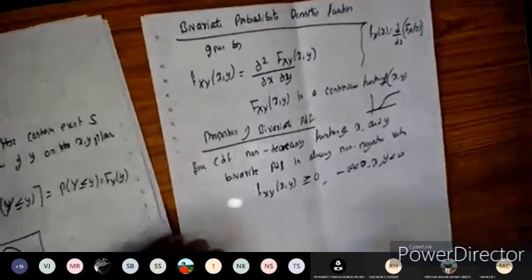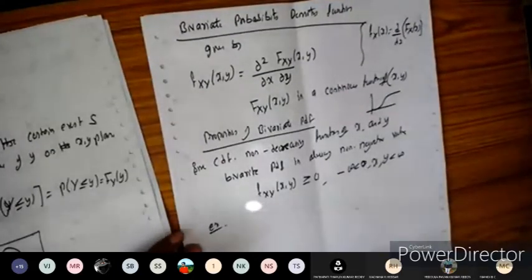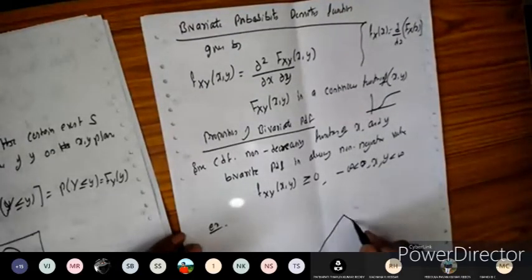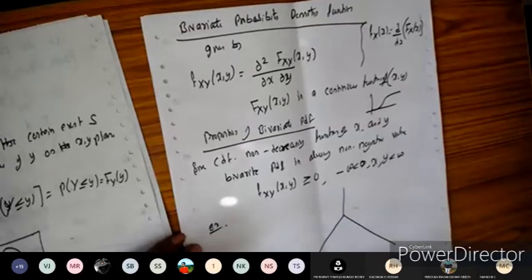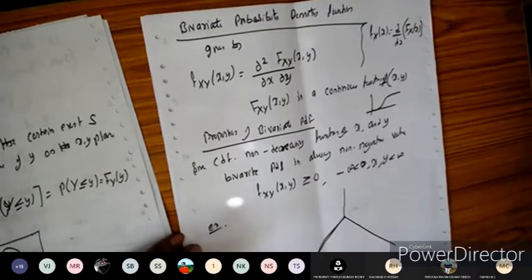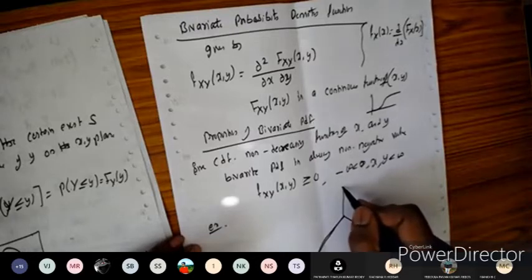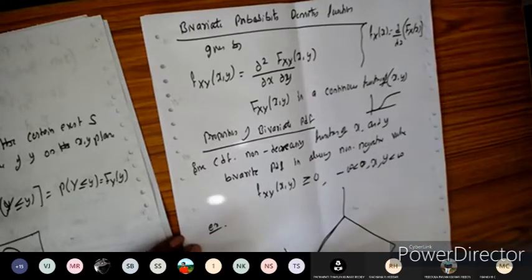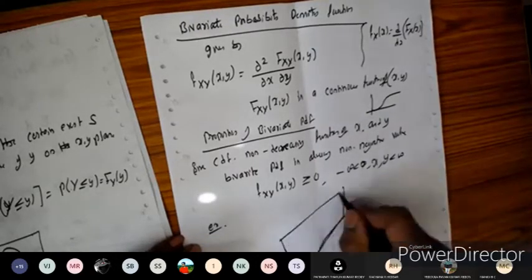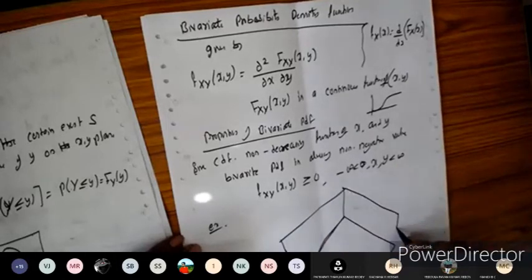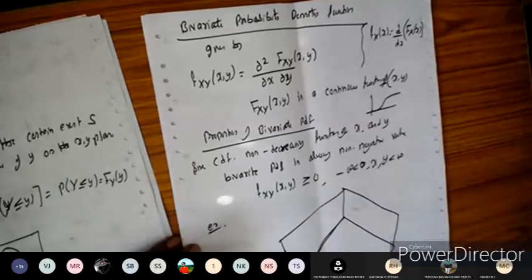The example of the bivariate CDF can be shown in terms of the axes. A two-dimensional axis we can show like this, and I'm going to plot it parallelly as a three-dimensional graph.